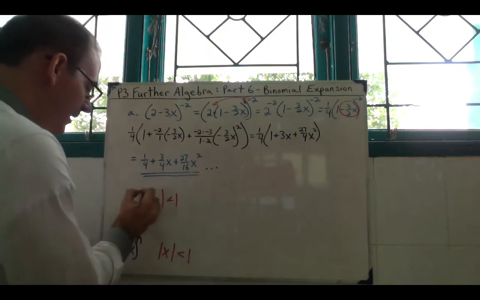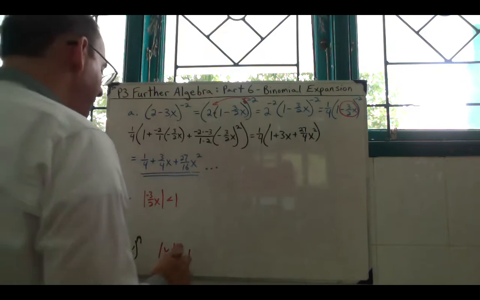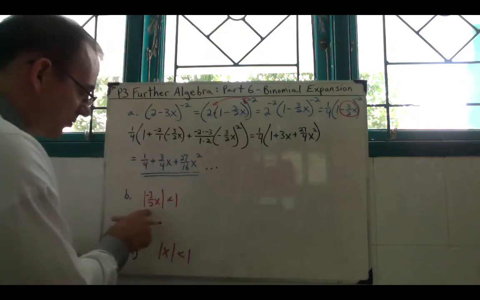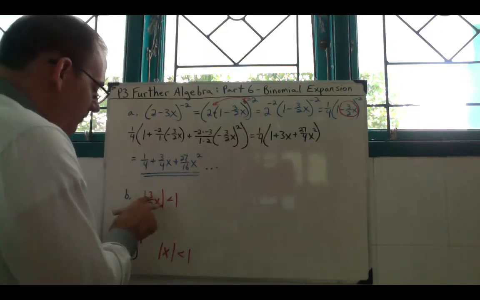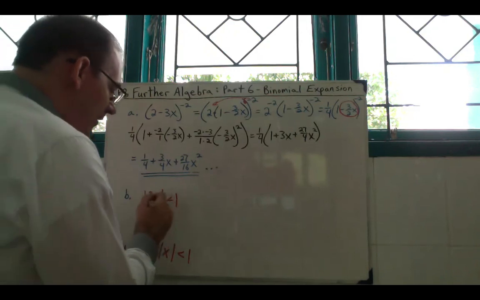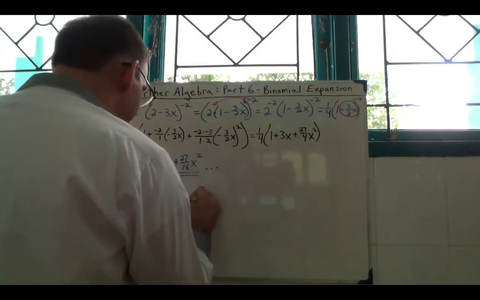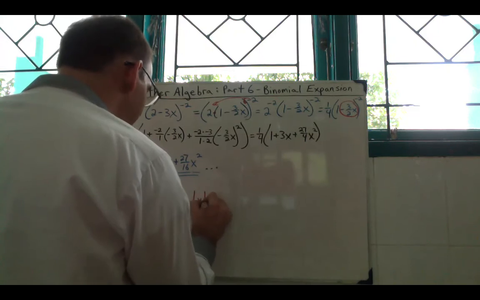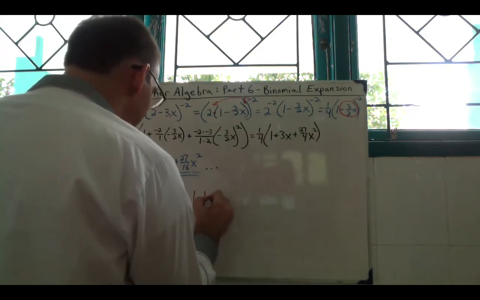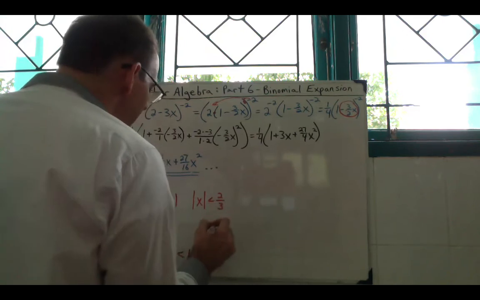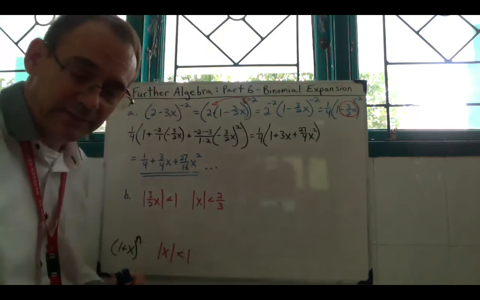If you want to put the negative in, you can, but it doesn't really matter. And then we want to get rid of that 3/2, multiply it to the other side. So we're going to get the absolute value of x is less than 2/3. It was only a 1-point question.